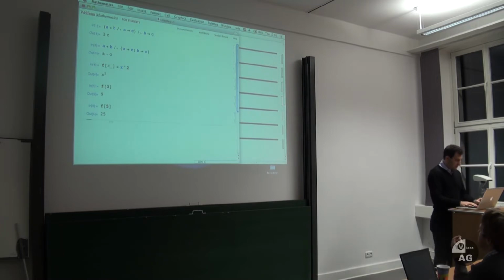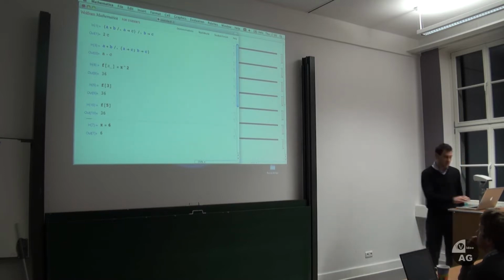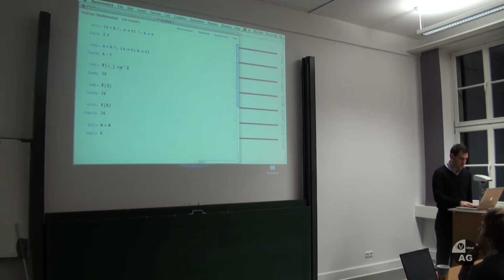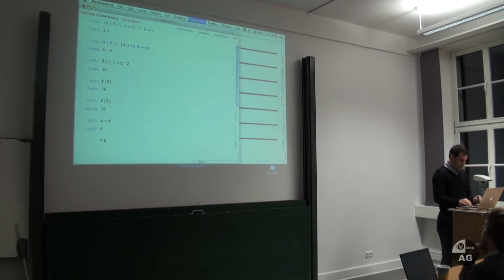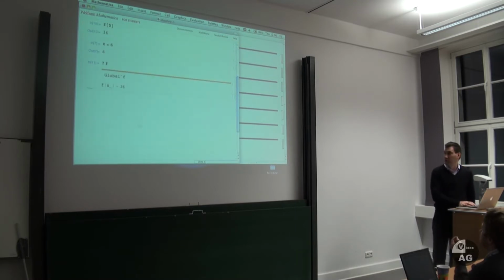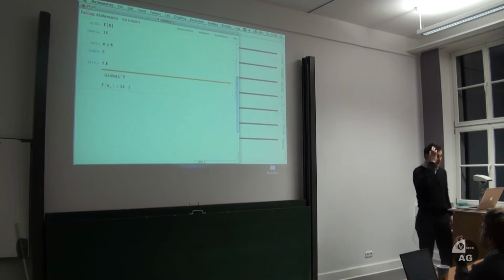The problem is, if by any chance at some point in the program you say that x equals 6, then you evaluate your function, maybe you change it or maybe you just evaluate it again, it doesn't matter. Now everything is 36 because the x at this point is not bound to the pattern, but it's bound to the global x. It's evaluated once and stored in memory, so doesn't matter what you pass, it's always going to be 36.